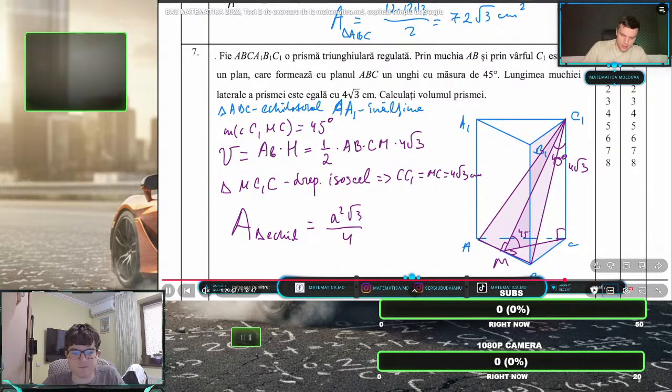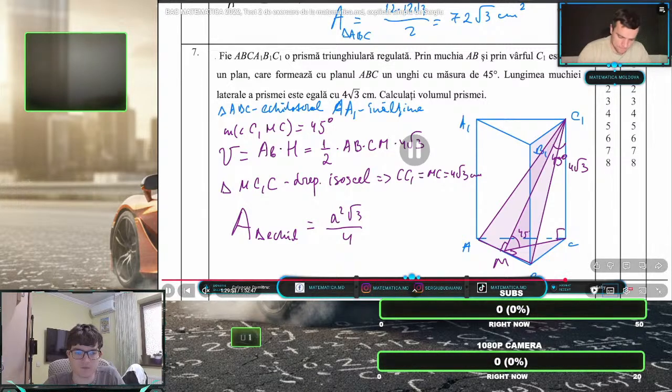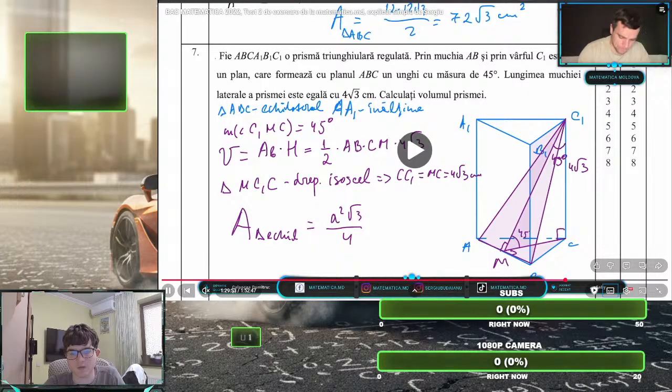Okay. Now we just find the area of the base. I mean, why should I find that? I already know CM, but I don't know AB, so basically try to find that.